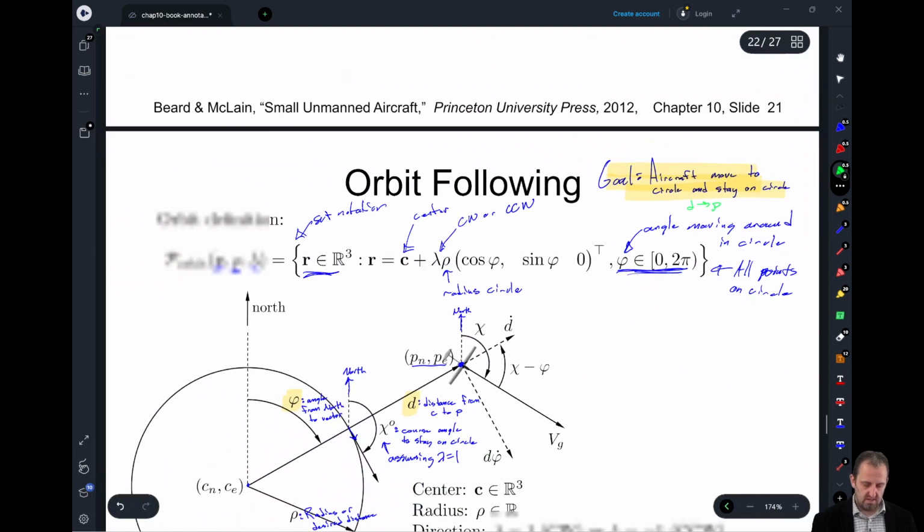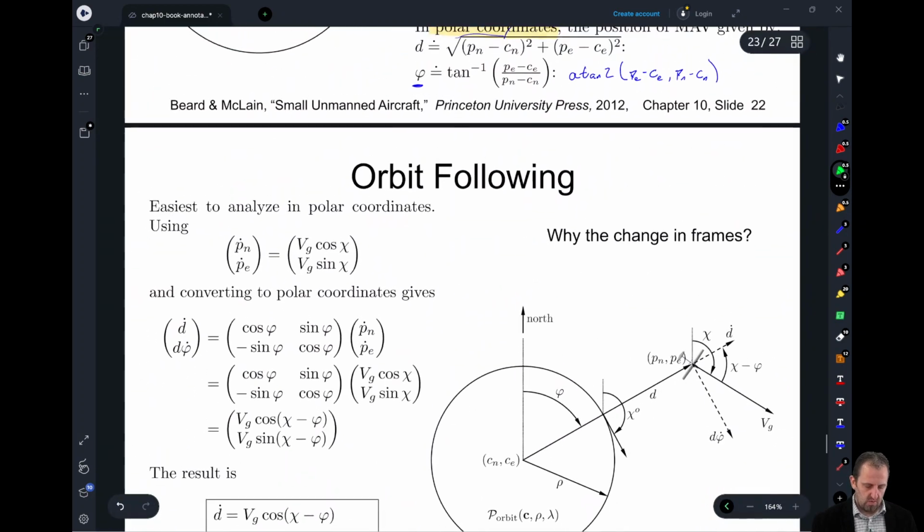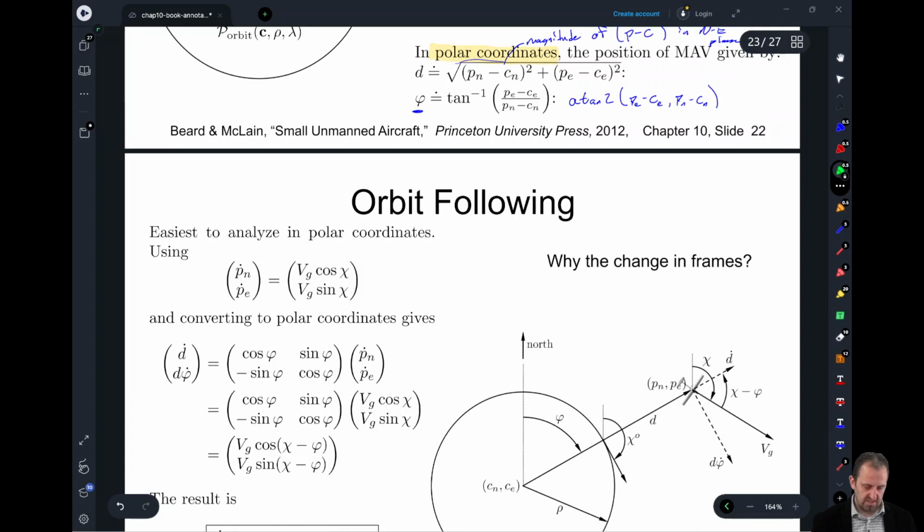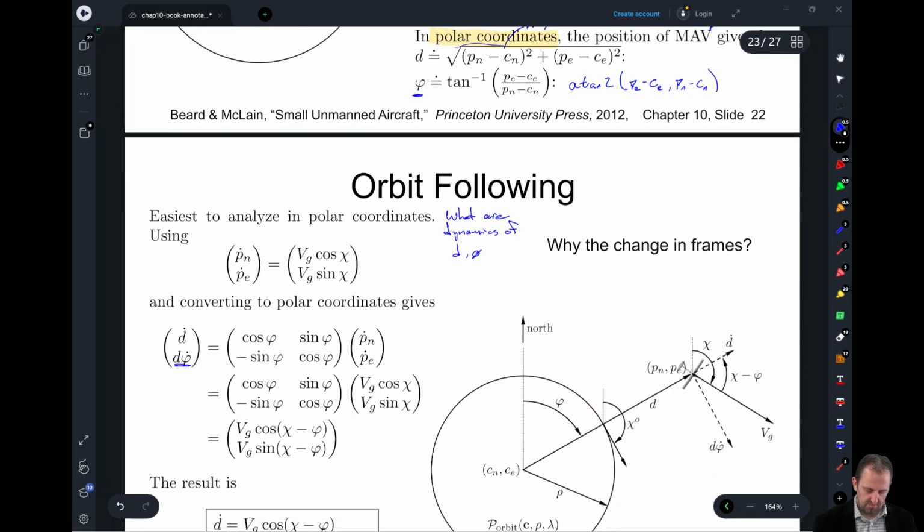So we're going to take our polar coordinate representation, and we want to find the dynamics, or the time derivative, of d and phi. In other words, d dot, and this is actually not phi dot. We'll get to that in just a second.